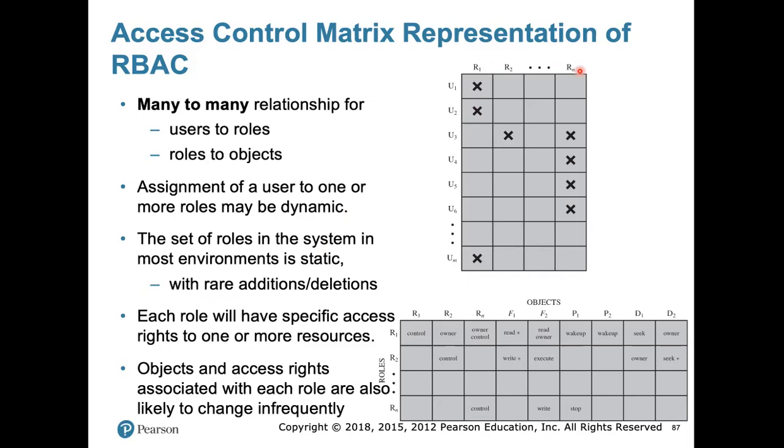That happens very rarely, but in general we like to keep the roles in our role-based access control system unchanged. The access rights associated with each role we also like to be semi-constant, changed not frequently.